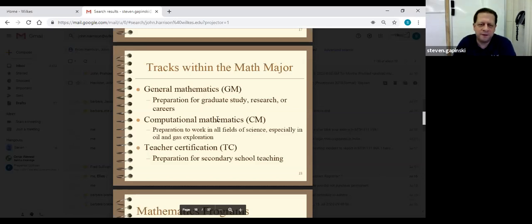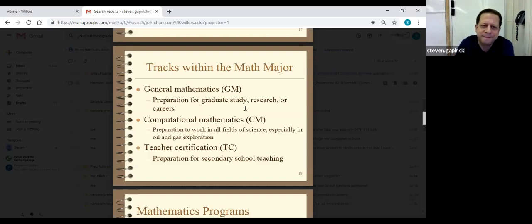And you also have the computational side, which is a little bit more open to various possibilities. I don't want to say a general math track can't do stuff that a computational can, or vice versa, in terms of employment opportunity. But clearly the tracks are going to have emphasis on slightly different things.